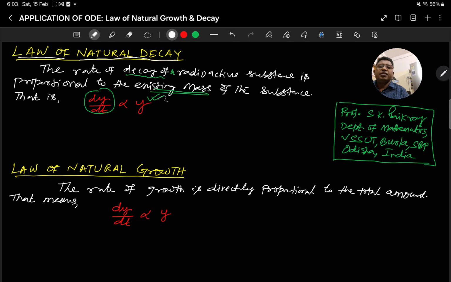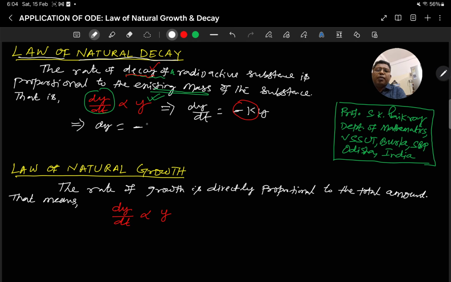So if I multiply a constant of proportionality here, dy by dt is minus k into y. Here I multiply by a minus sign, minus k, because we are talking about the decay. Now if I solve it, dy by y is equal to minus k dt.